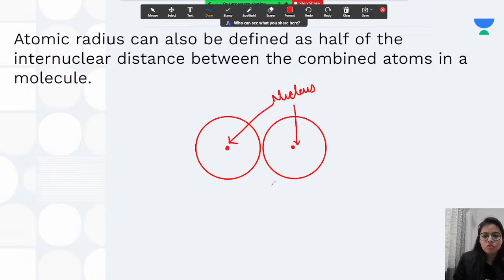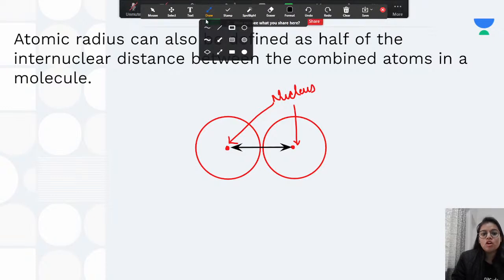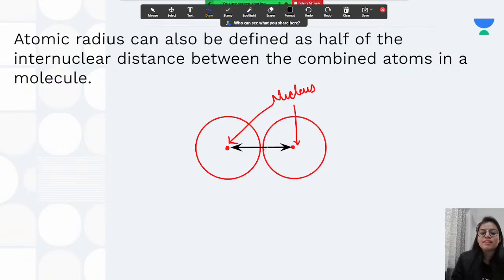Now how do we find the distance between these? This will be the distance. It is known as the internuclear distance. So there are 2 atoms, and we have taken the distance between the nucleus of the first atom to the nucleus of the second atom, and this distance is defined as the internuclear distance.